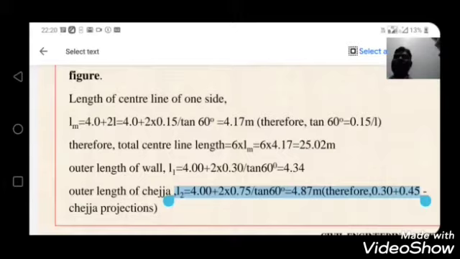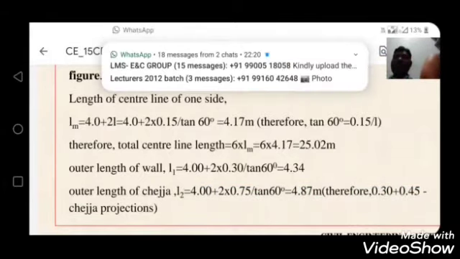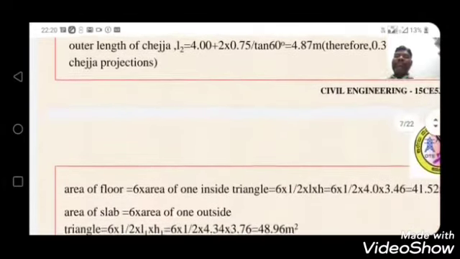Outer length of chajja L2 is equal to 4 plus 2 into 0.75 by tan 60 degree, which is equal to 4.87 meters. Therefore, 0.3 plus 0.45 minus chajja projections.